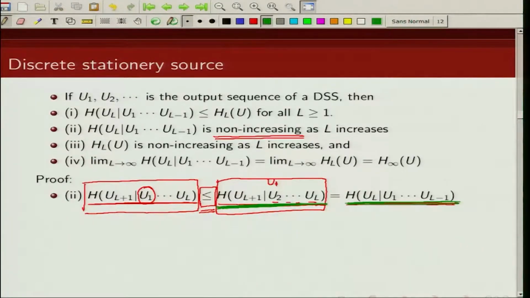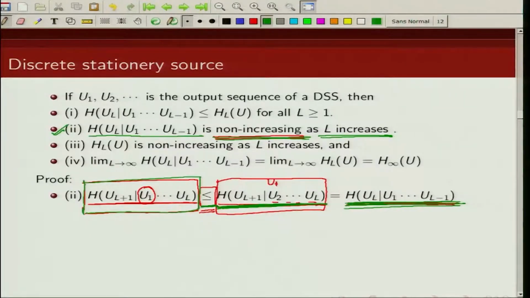Hence we have proved that the uncertainty in U_{L+1} given U_1, U_2, ..., U_L is less than or equal to the uncertainty in U_L given U_1, U_2, ..., U_{L-1}. So as L increases, this term is non-increasing.